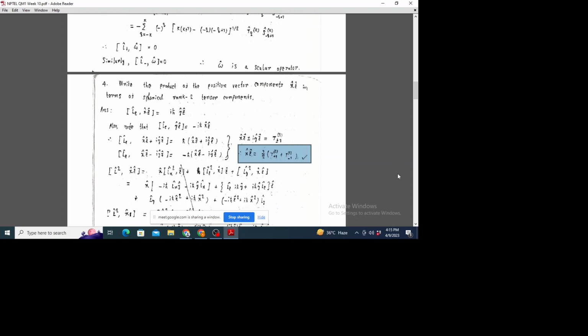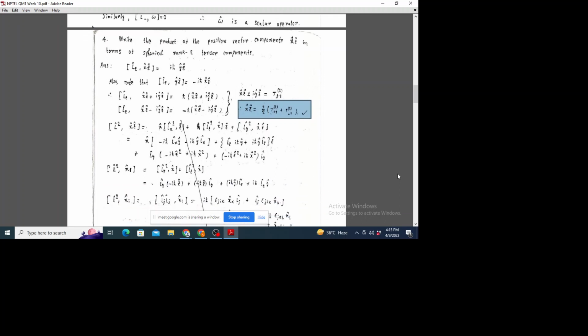Of course now it is easy to find xz in terms of the irreducible spherical tensor components. So this is the answer. And of course you could have also found the answer for yz. There will be just a minus sign between them and a factor of i in front.